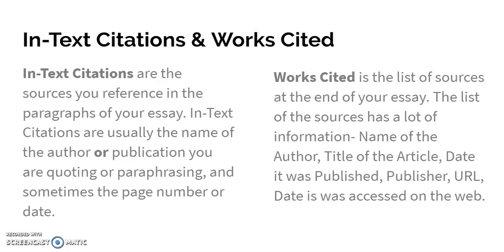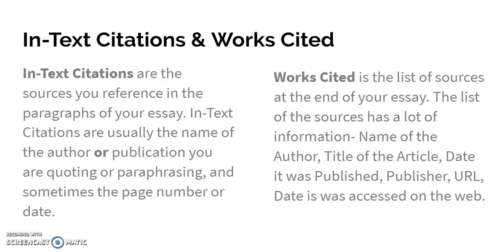So for example, if you have a source from a government website and there's no author listed who wrote the page you're citing, then you would use the name of the publication, the department or government agency instead of the name of a person.